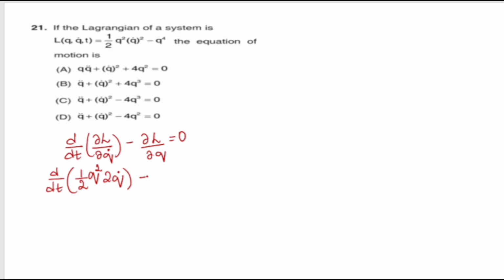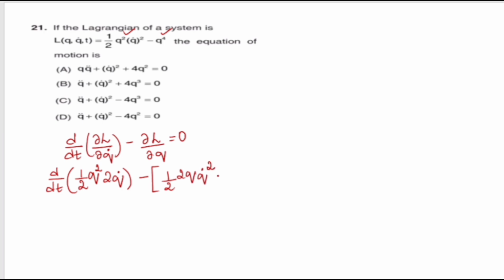Okay. Minus the Lagrangian, we need to differentiate the Lagrangian partial derivative with respect to q. So we have two terms here, q square times q dot square and q to the power of 4. So it will be half of the derivative of q square, which is 2 times q. q dot square remains the same.